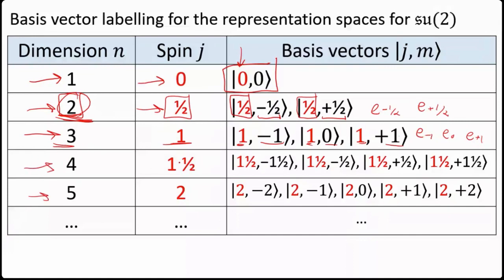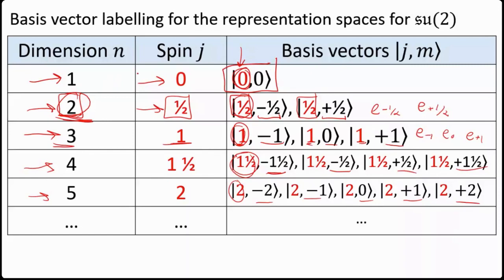And then it just keeps going. The first entry labels the representation, which is related to the dimension, and then the second label labels the basis vector, if that makes sense. I still find this pretty confusing, but do people find this okay? Is the explanation of what the numbers mean fine?